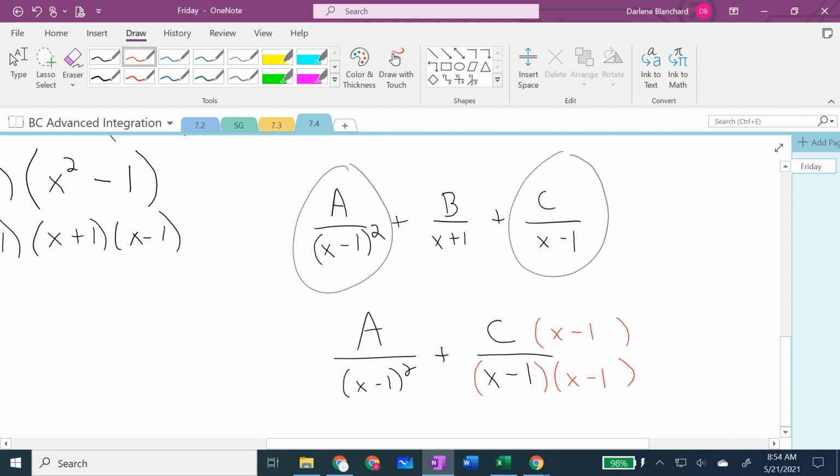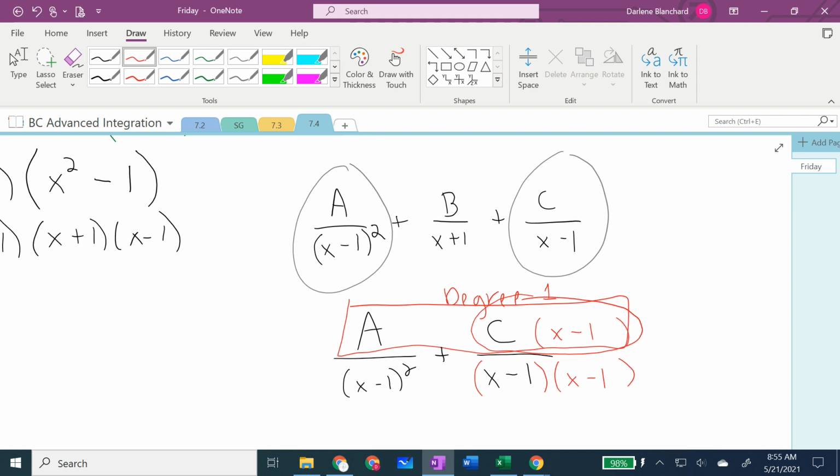And what I want you to see is that that causes this to be a quadratic. If a represents a constant and c represents a constant, then when I add these together, I am getting a degree 1 polynomial over a degree 2 polynomial. And so that allows me to use this technique to write this algebra in a different manner.